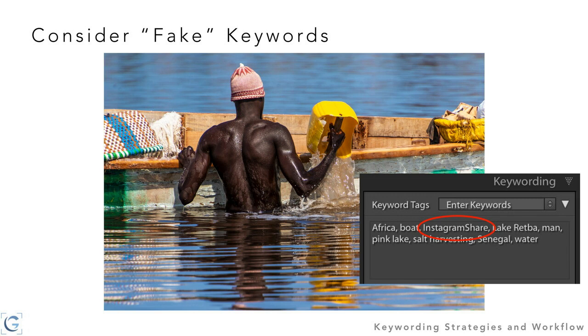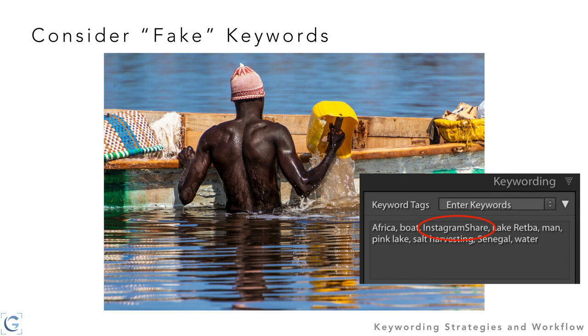Well, as I mentioned, I share some of my photos from travels on Instagram, and I like to keep track of which images I have shared on Instagram, in part so I know which images I have not yet shared on Instagram, so that they're available to be shared because I haven't shared them already.